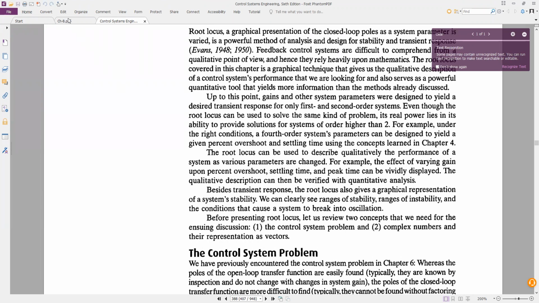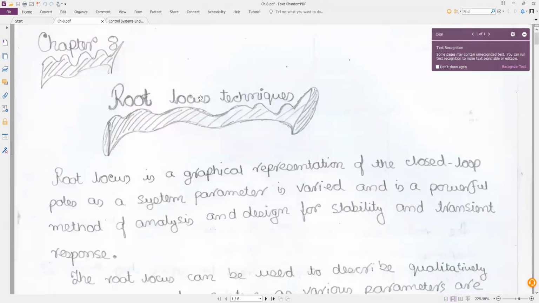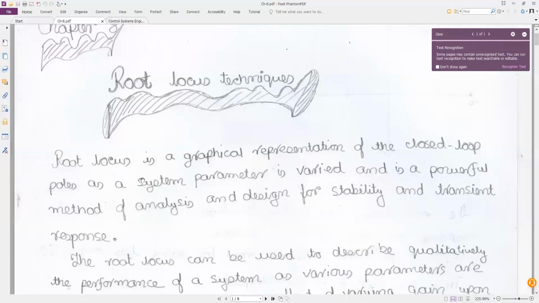So first of all, what is the root locus technique? Root locus is a graphical representation of the closed loop poles as a system parameter is varied, and is a powerful method of analysis and design for stability and transient response. It is a graphical representation, right?